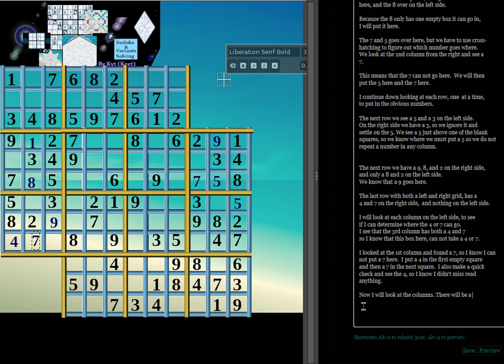There will be a top 9 by 9 grid and a bottom 9 by 9 grid. I will start from the far right.